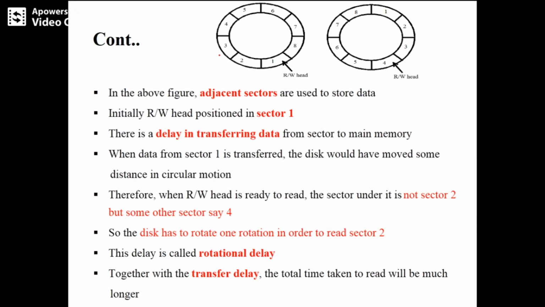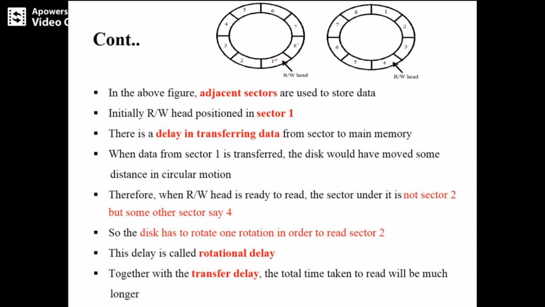Here you can see one single track which is divided into 8 different sectors: first, second, third, fourth, fifth, sixth, seventh and eighth. In this diagram, the read-write head of our disk is pointing to sector 1.